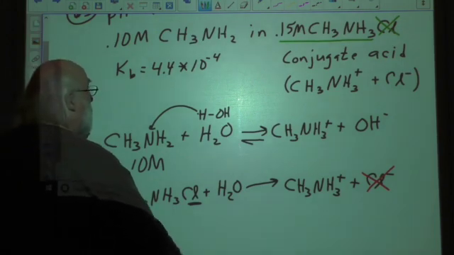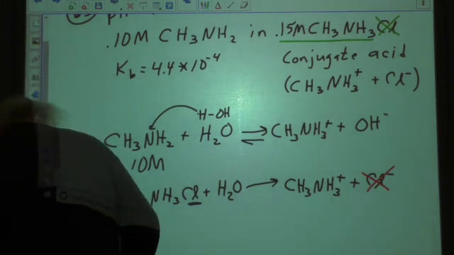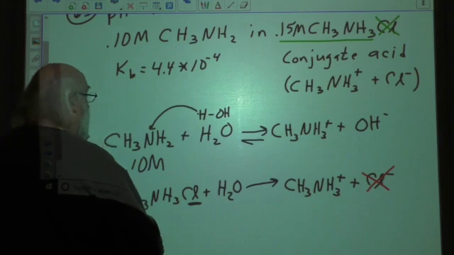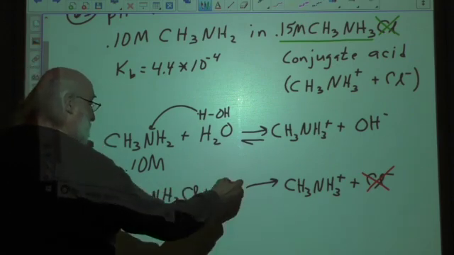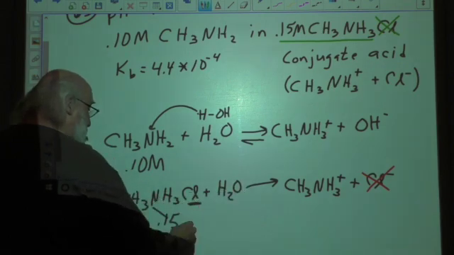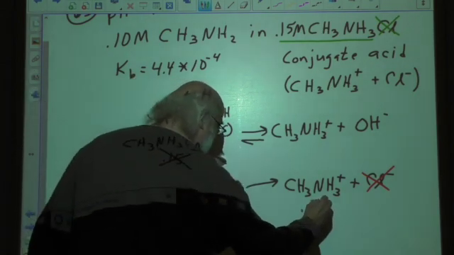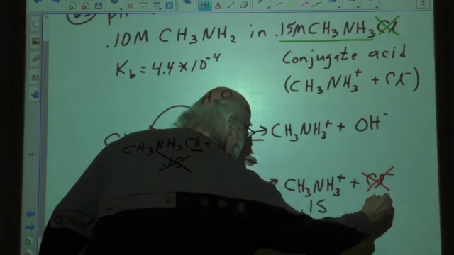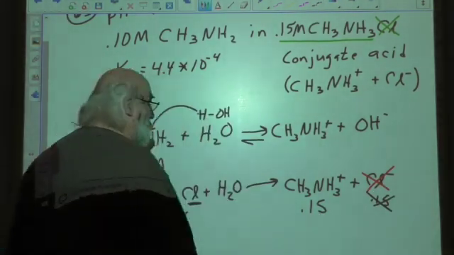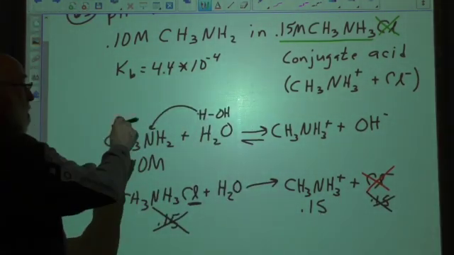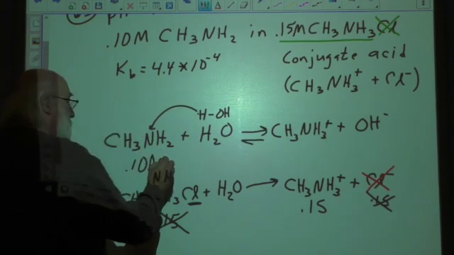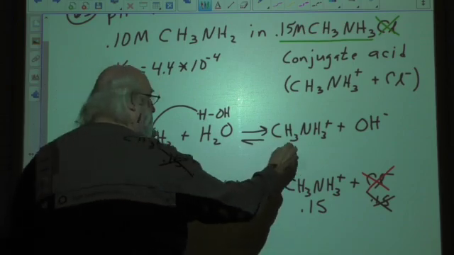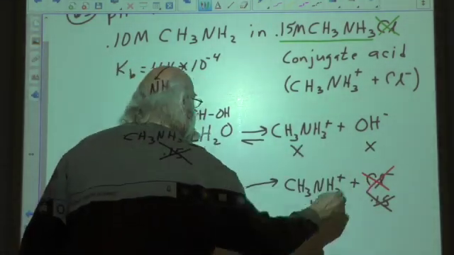But, there's always that big but. You have 0.15 molar of this, and it's a single arrow right there. That's all gone. That's 0.15 there, and that's 0.15 there. Of course, we don't care. This one right here, being a weak base, we're going to lose X here, we're going to gain X here, and we're going to gain X here.